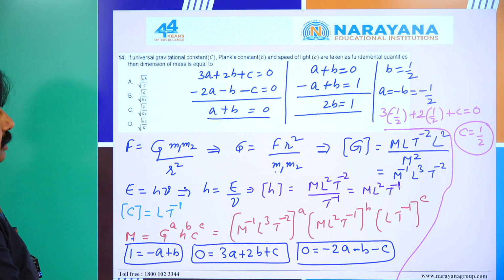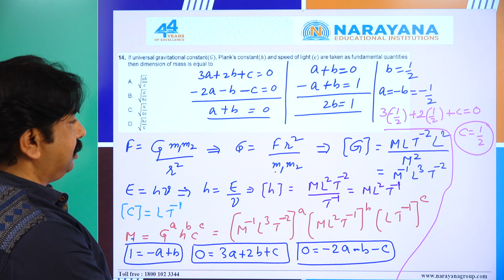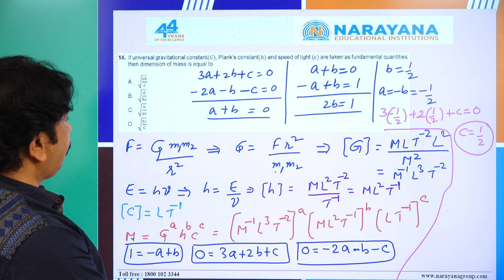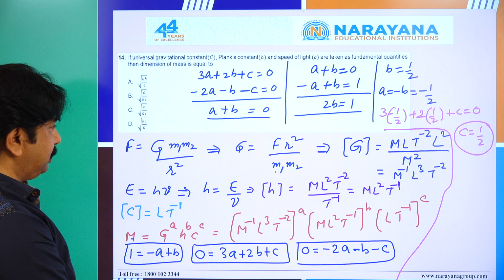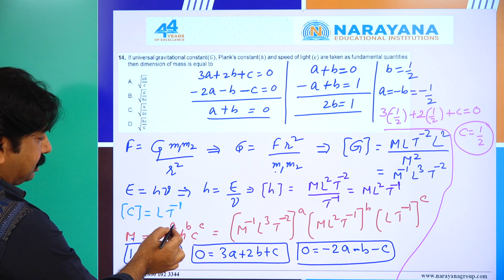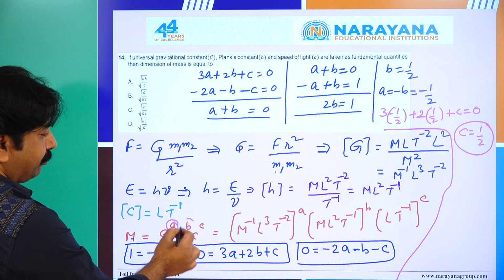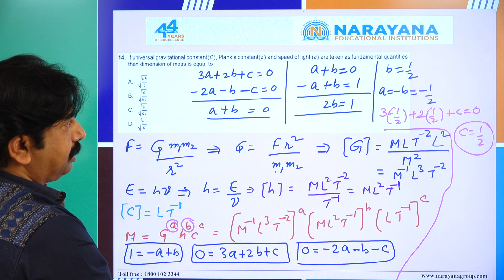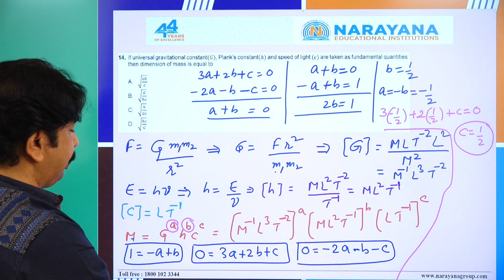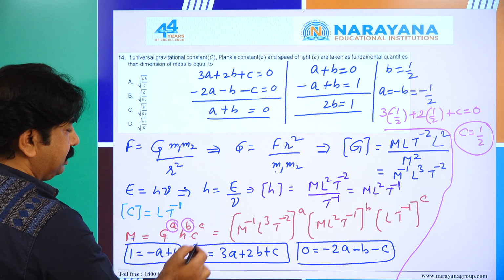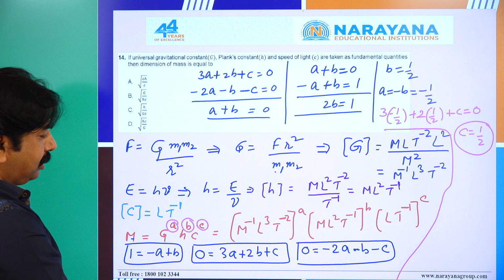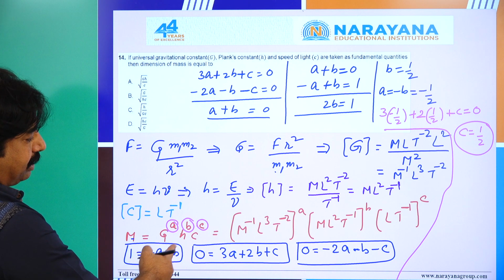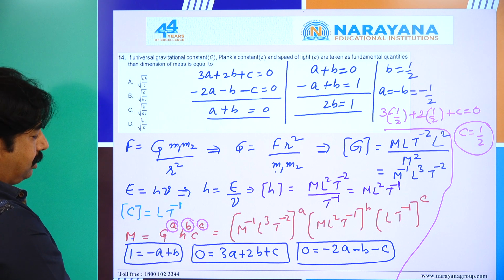So final answer: a is minus 1 by 2, b is 1 by 2 and c also 1 by 2. So G should be the denominator, and h and c the numerator.